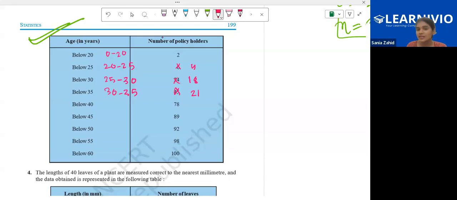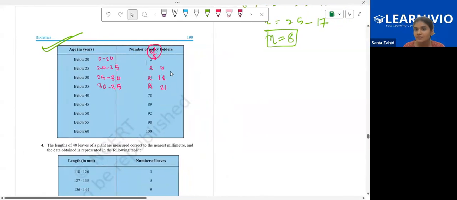Basically this is the cumulative frequency that is given to you, so you can use this table for writing the frequency. From cumulative frequency, you have to find the frequency. For finding the cumulative frequency, we were adding the frequencies. To find the frequency, we will subtract the cumulative frequencies. Do you understand this?